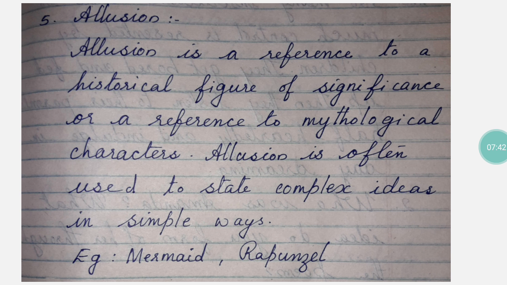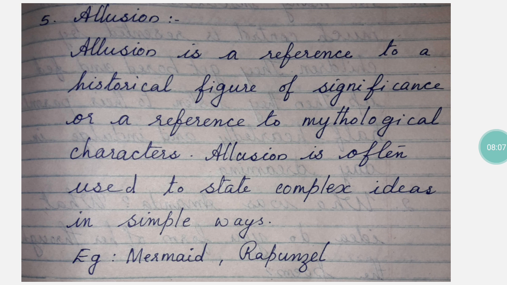Then the last one is allusion. What do you mean by allusion, children? Allusion is a reference to a historical figure of significance or a reference to mythological characters. Allusion is often used to state complex ideas in simple ways.